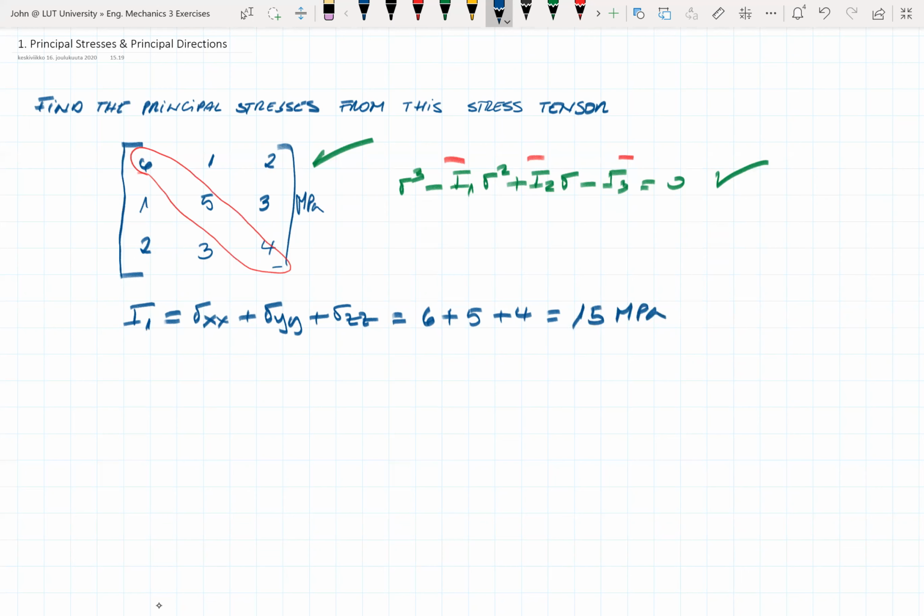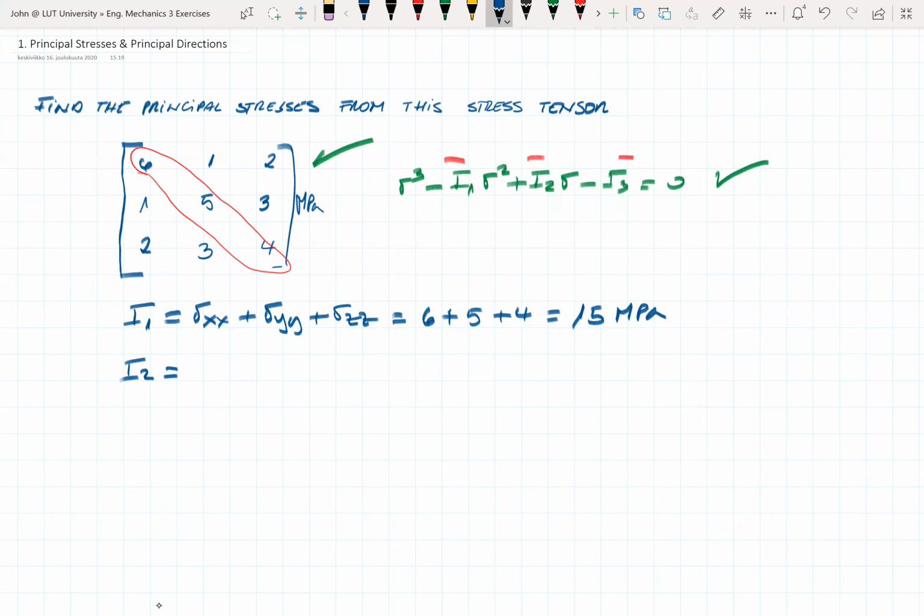Well, perfect. My second invariant is going to be a little bit longer. Let's remember, or check out, the previous video where I showed how we came up with this third-degree polynomial equation.